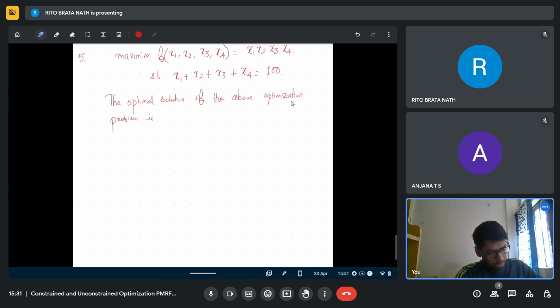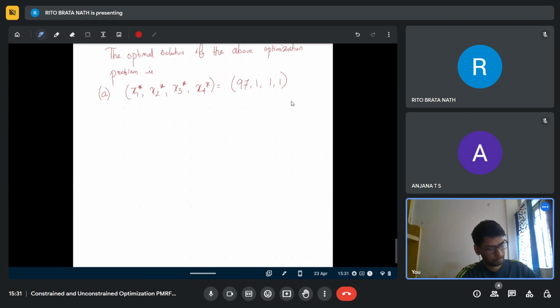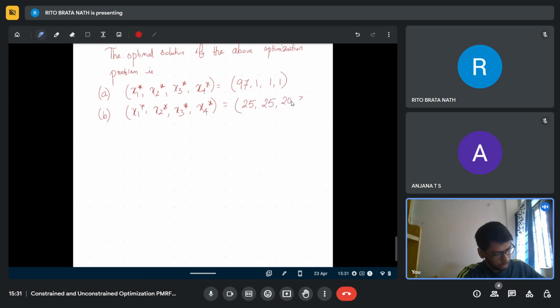Option A is x1 star, x2 star, x3 star, x4 star equals 97, 1, 1, 1. Option B is 25, 25, 20, and 30.